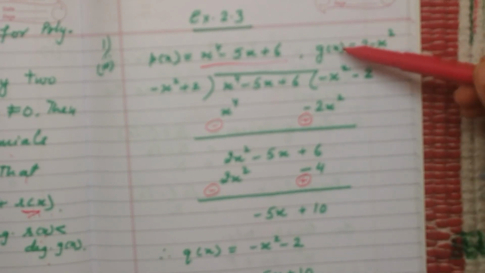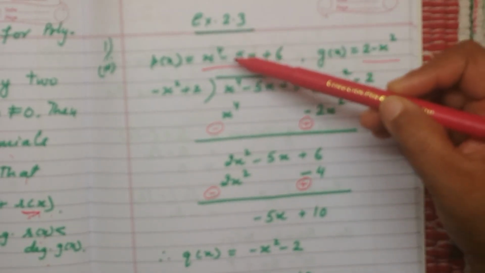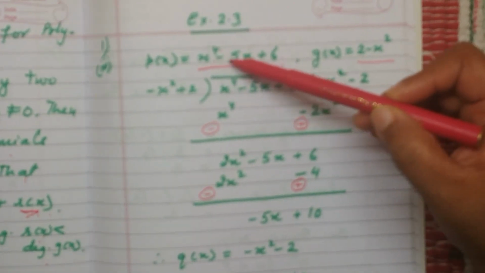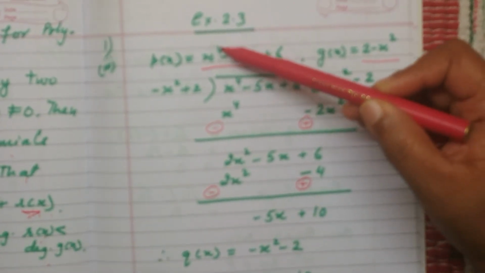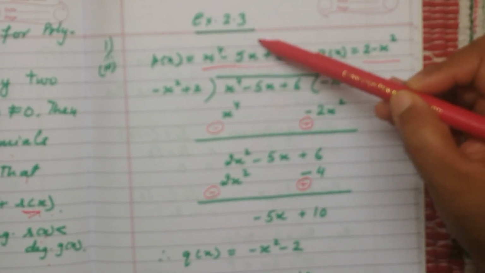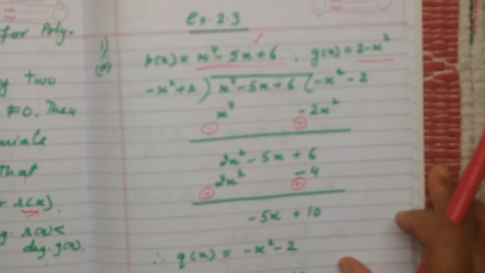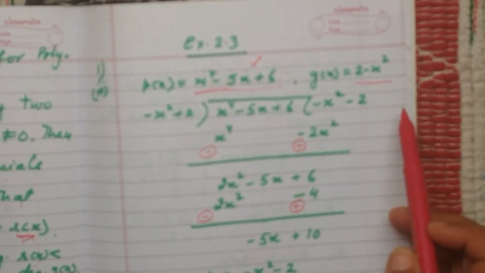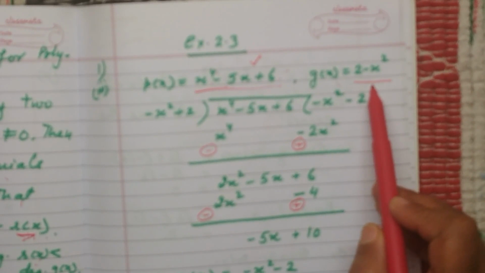For example, here p(x) is x raised to power 4 minus 5x plus 6. All these terms are arranged according to the decreasing power of the variable, so this is already in the standard form. Now the divisor g(x) is 2 minus x square. This divisor is not in the standard form.